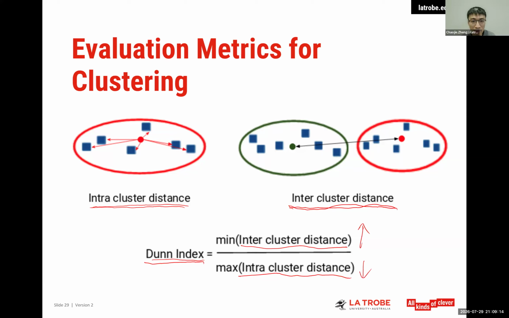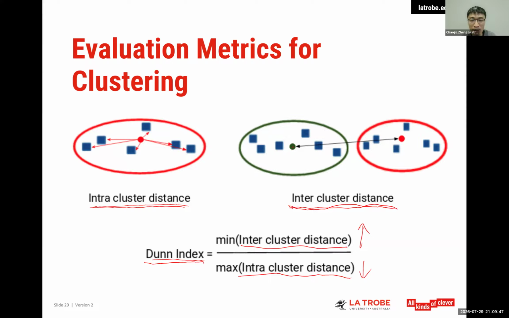So how can we calculate the inter-cluster distance? It's just as shown in this illustration. We already have the clusters and the data points belonging to the clusters, so we can calculate the centroid for each cluster. The centroid is the average location of all the data points belonging to the cluster.